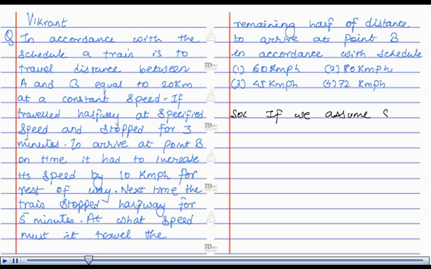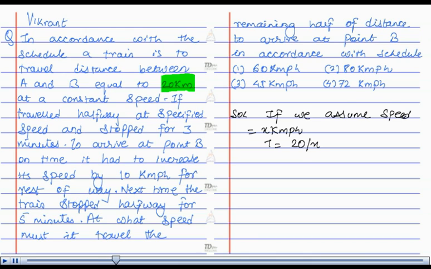if we assume the speed is equal to x kilometers per hour, then the time t is equal to the total distance, that is 20 kilometers, upon the speed, that is x.